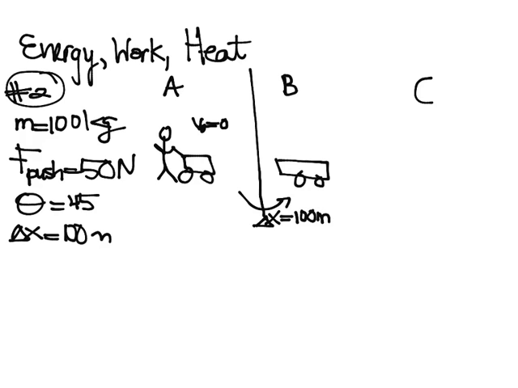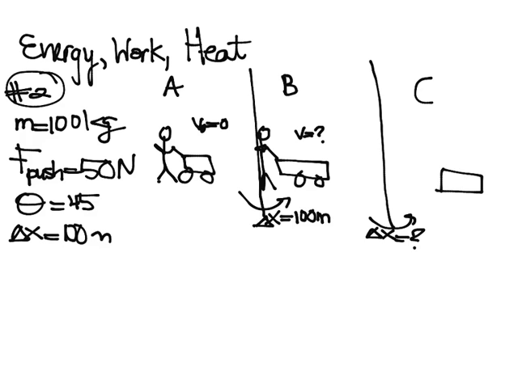And in time B, she's pushing the stroller, and they're going some speed. We don't know what speed. Okay. And then finally, at the end, she lets go of the stroller. It goes some other distance, and we want to know that in part C, and it comes to a stop again. Okay, so it always helps to draw out the picture. We might not need it for part A, but we will need it later on.